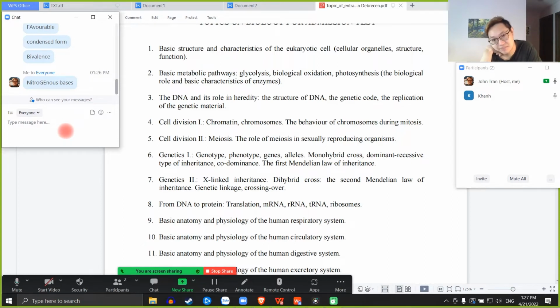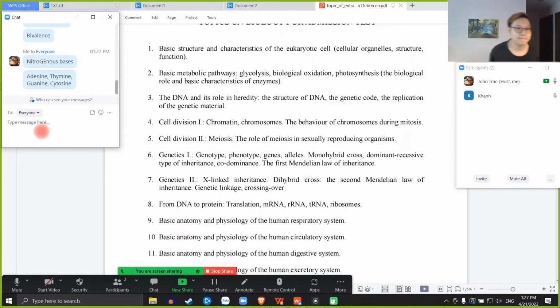And purines: guanine and adenine. Adenine, thymine, guanine, and cytosine.